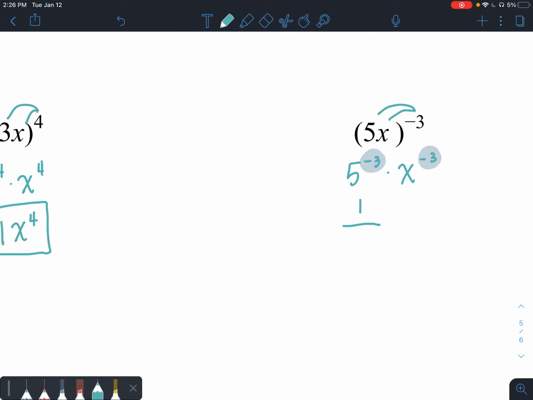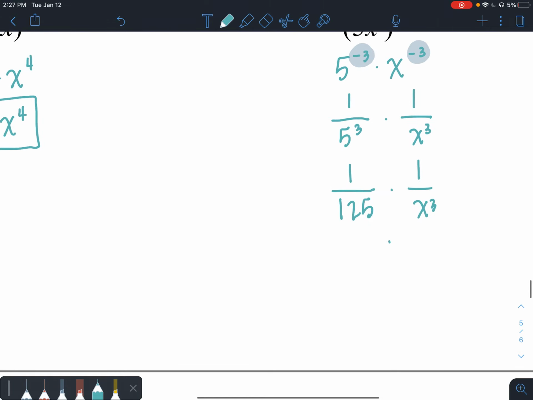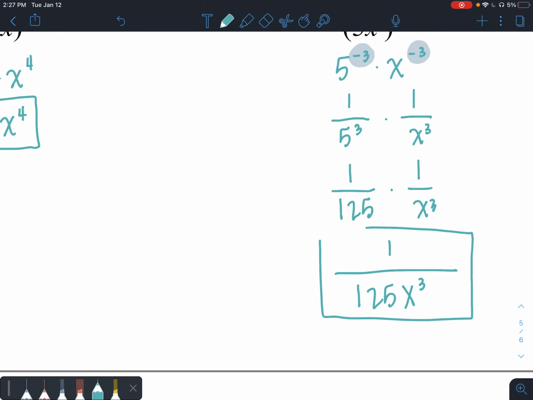So I have 1 over 5 to the third times 1 over x to the third. 1 over 5 to the third is 1 over 125, and x to the third is just x to the third. So our final answer is 1 over 125x to the third.